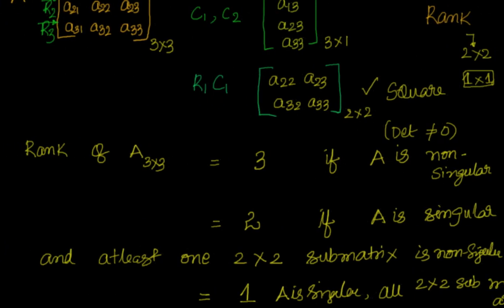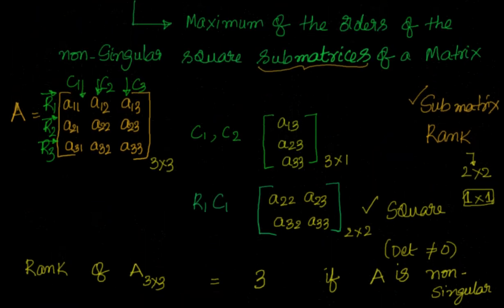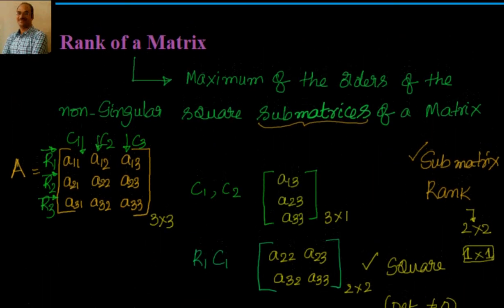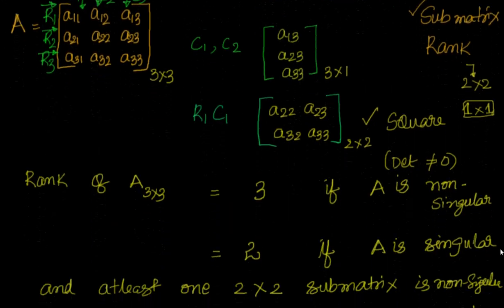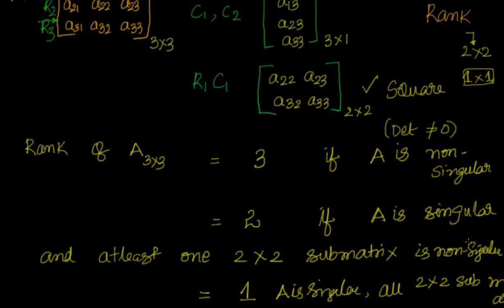So, since we are interested in 3 by 3 only, if you take a 3 by 3 matrix, its rank is determined by: first, if the matrix determinant is not 0, then the rank is 3.